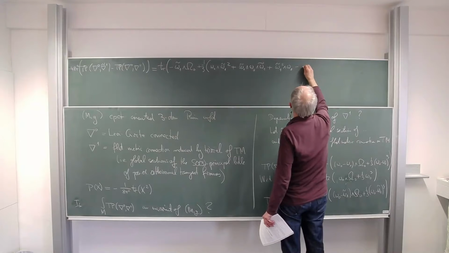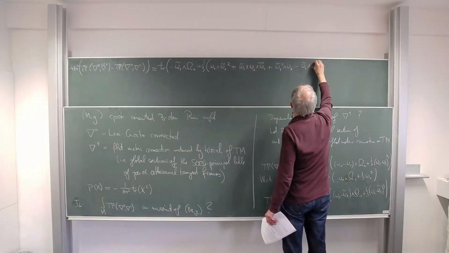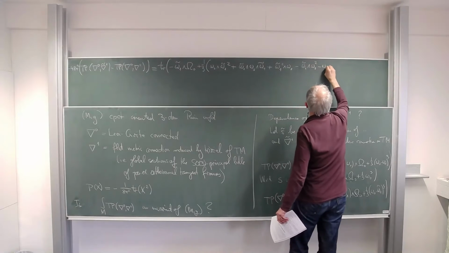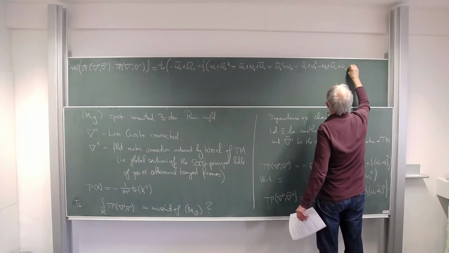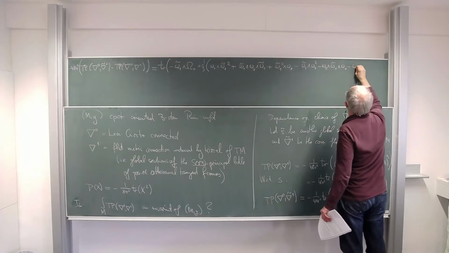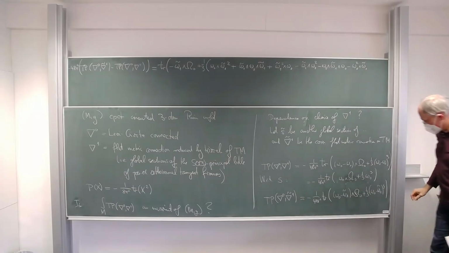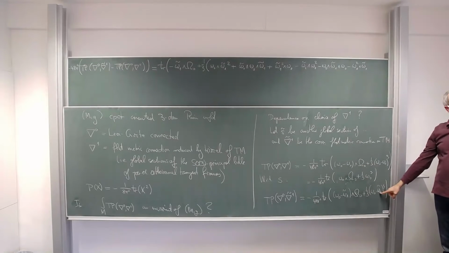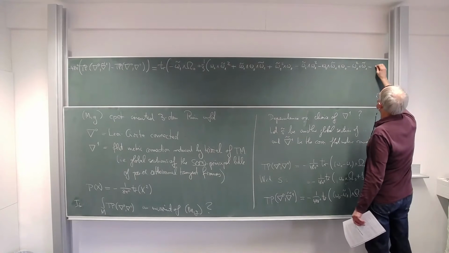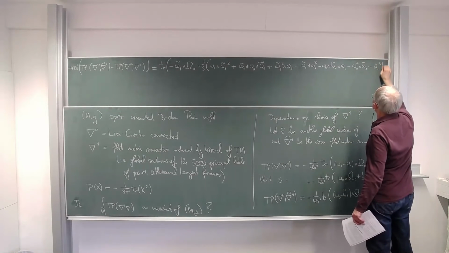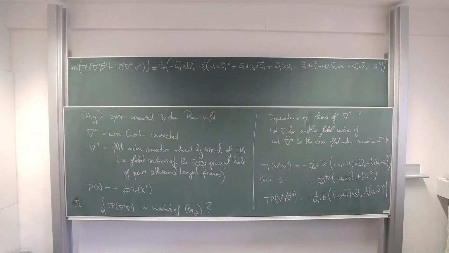So then I have omega 1 tilde wedge omega 0 squared minus omega 0 wedge omega 1 tilde wedge omega 0 minus omega 0 squared wedge omega 1 tilde. And finally I have the term which is cubic in the tilde term, which gives me another minus omega 1 tilde cubed. And that's it. All right.